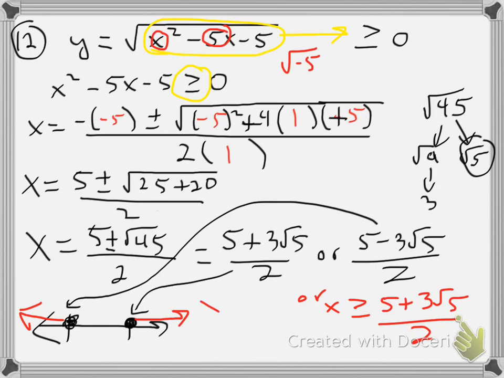Or x is less than or equal to, so the opposite direction, 5 minus 3 root 5 over 2. I'm going to do some erasing here. And there should be an or in there as well. So there's my answer. I was looking for this.